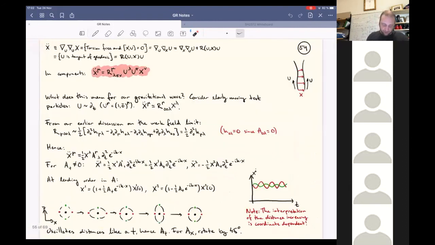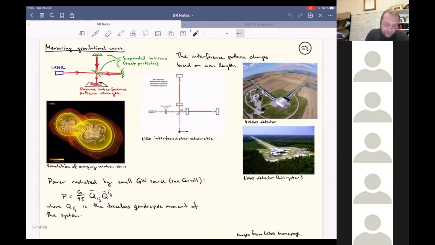So the A plus amplitude was 10 to the minus 21, which means that the displacement of these mirrors, or rather the lengthening of these arms, was less than 1 part in 10 to the 21, which amounts to basically much smaller than an atom. So this was a rather extreme measurement and an amazing feat to actually pull off.